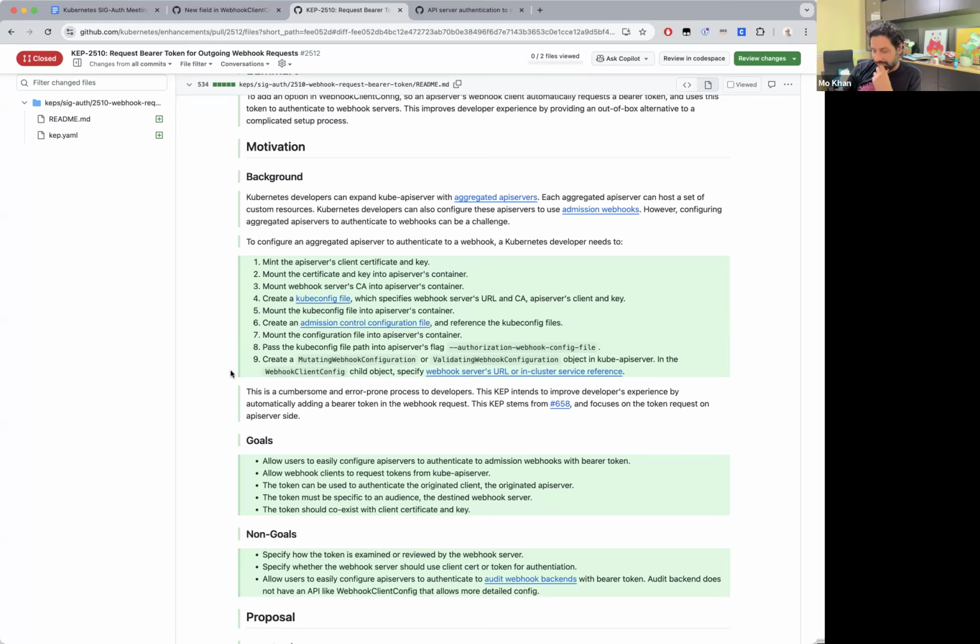Yeah. So at a high level, I've thought of two ways. One is the obvious way of token review and subject access review, which is not great if you want to have your webhooks off the cluster. I do think we could make it very easy for people to implement because we do have kubeRBAC proxy, which is working its way through its wall of issues to become an official project. So it could certainly have a mode to support this.